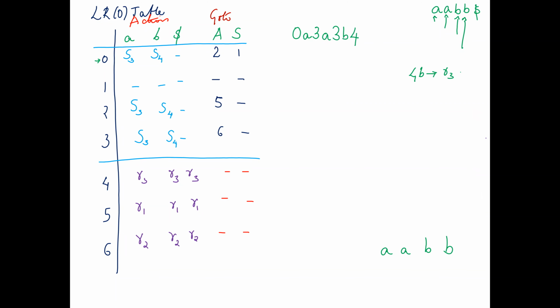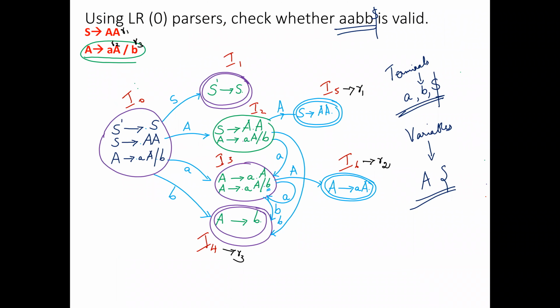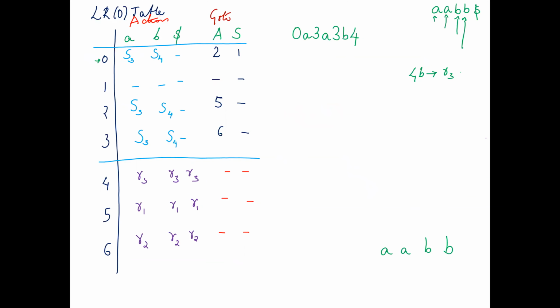So let's go back and see what R3 is. R3 tells me A to b, which means a small b can be reduced to a capital A. But mind you, in LR(0), the dot is at 0, which means not the current one, but the just previous. So you are actually at the last b, but it is not that b you are going to reduce.